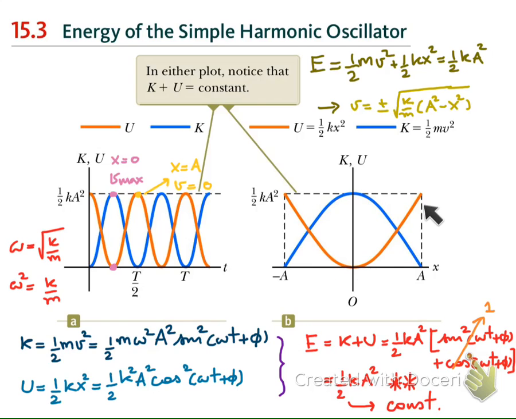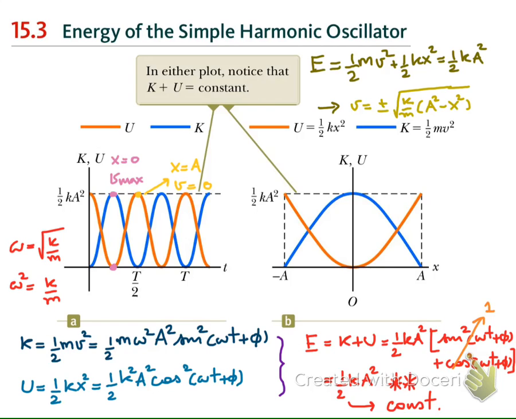The orange line represents the potential energy and is opposite to the kinetic energy. When the kinetic energy is 0, the potential energy is maximum. When the kinetic energy is maximum, the potential energy is 0.